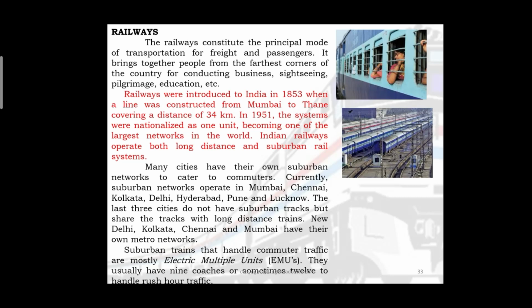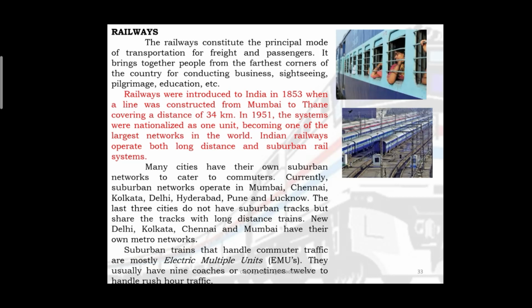Now let's take a look at the different gauges used in the railways in India. We basically have three: broad gauge, meter gauge, and narrow gauge. And the name says it all. Narrow gauge, the space between the tracks, 0.76 to 0.61 meters. Meter gauge, as I said, the name says it all, 1 meter.